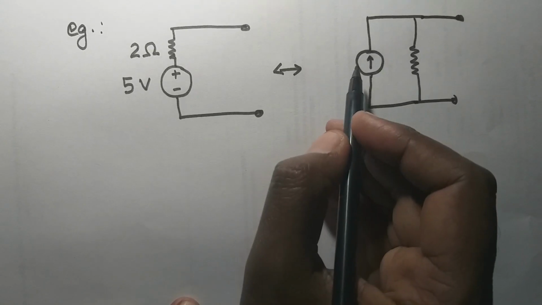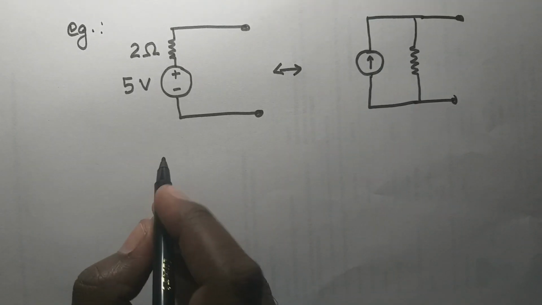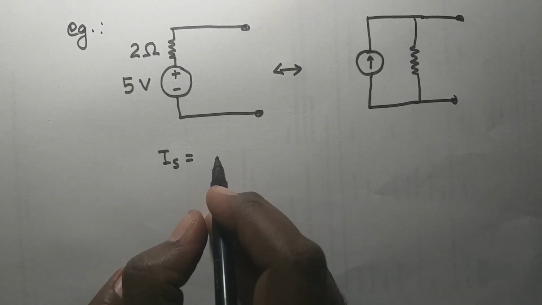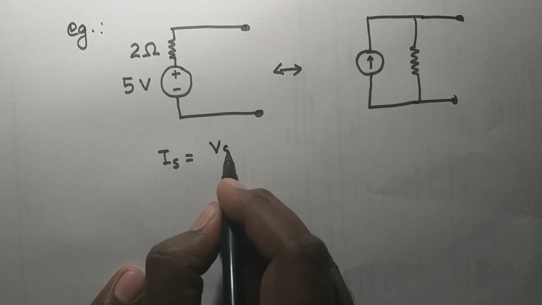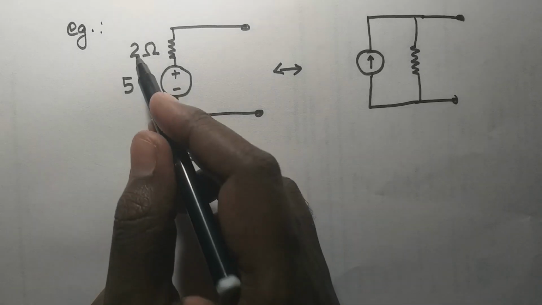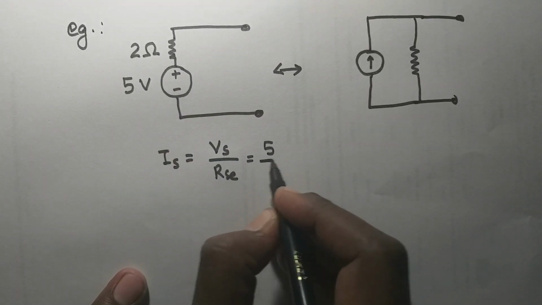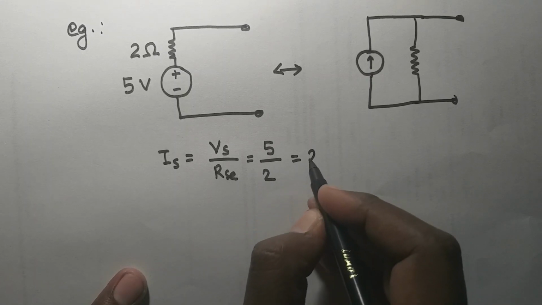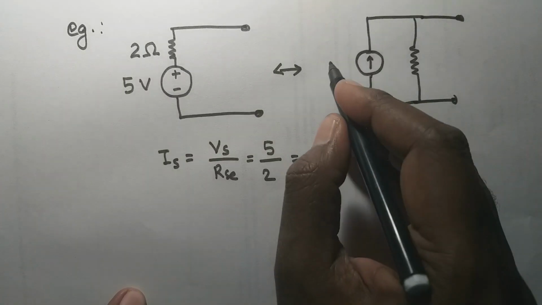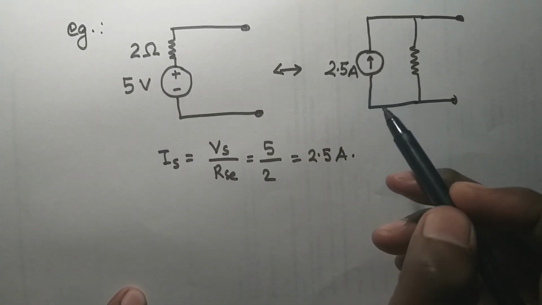So to find this Is, the source current value, in the previous derivation we saw that Is was equal to Vs upon Rse. So here Vs is 5 and Rse is 2. So we can write 5 upon 2, that is 2.5 amperes. This is the source current value for this equivalent source.